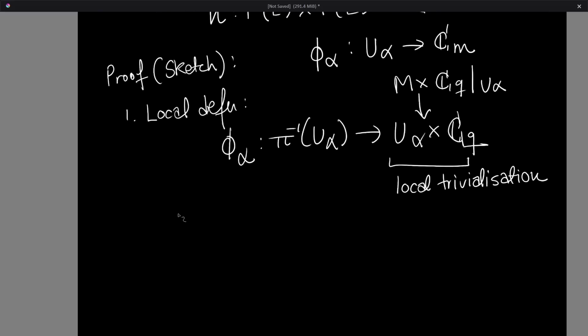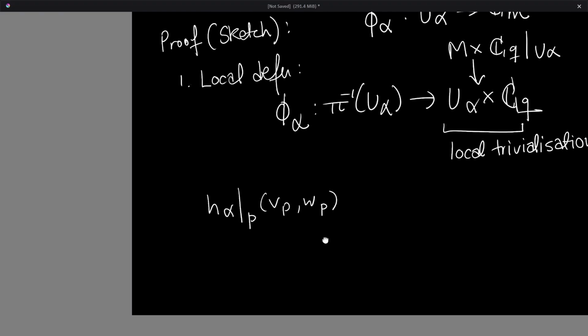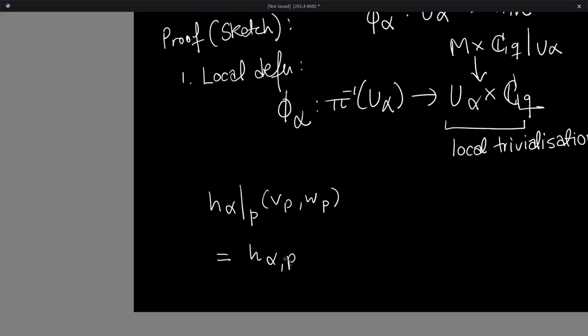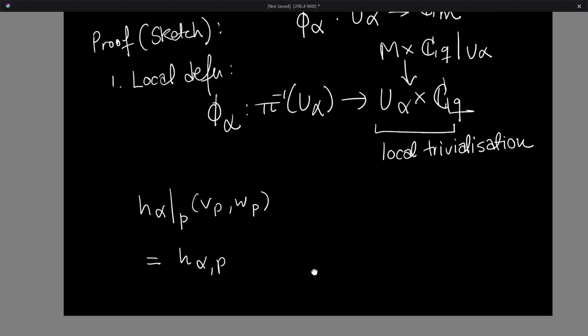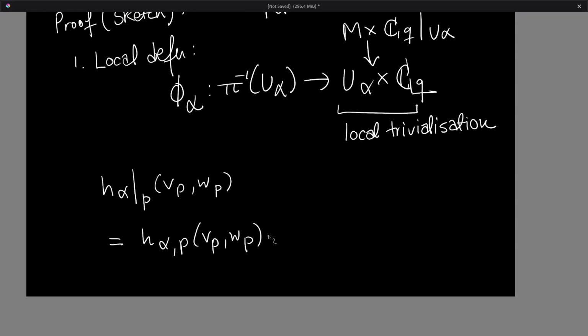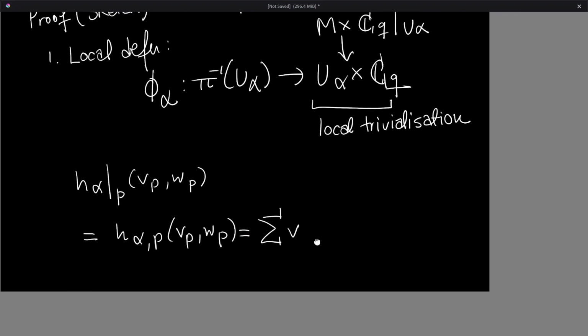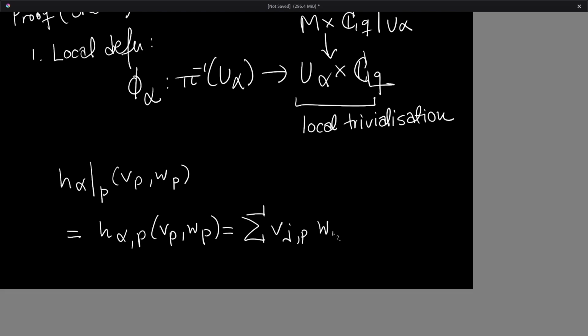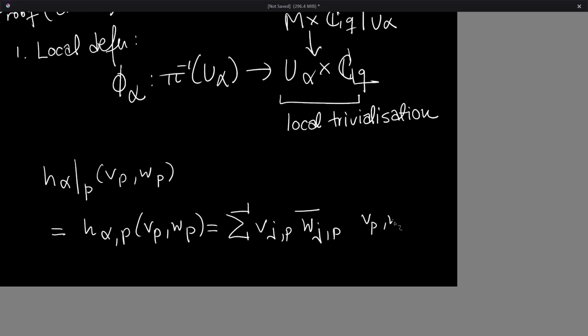So me still discovering new things about older topics that we've already discussed. So the way we define it is we say h alpha at p of (v_p, w_p) is equal to, we're going to call this another function so that we don't have to keep writing this, which is equal to the sum of v_j(p) times the conjugate of w_j(p), with v_p, w_p an element of C^q.